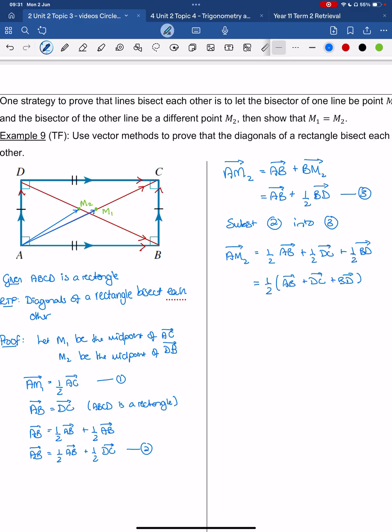Well, I know that DC plus DB, okay, so DC plus DB will give me BC. So that's going to be equal to half AB plus BC, and AB plus BC gives me half AC.